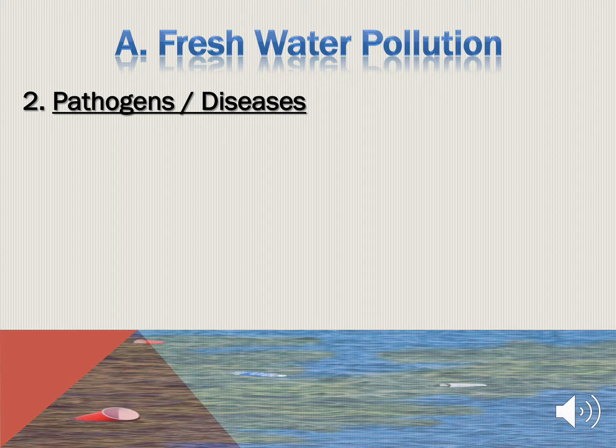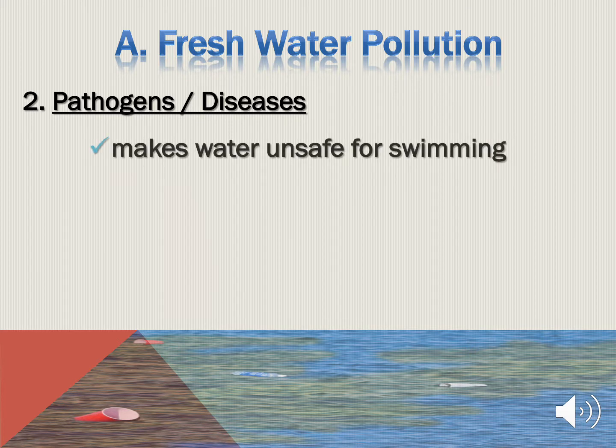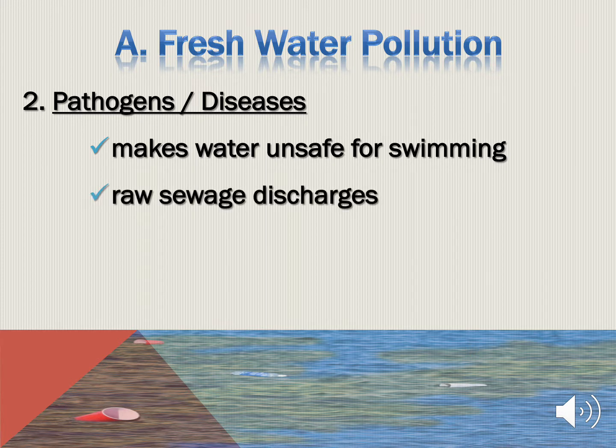Another type of freshwater pollution we should be concerned about is pollution from pathogens that carry diseases. Pathogens in our water, particularly our surface water, make surface water unsafe for swimming, and often it is associated with raw sewage discharges.